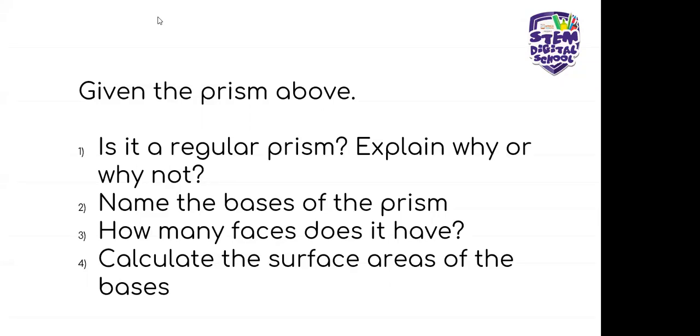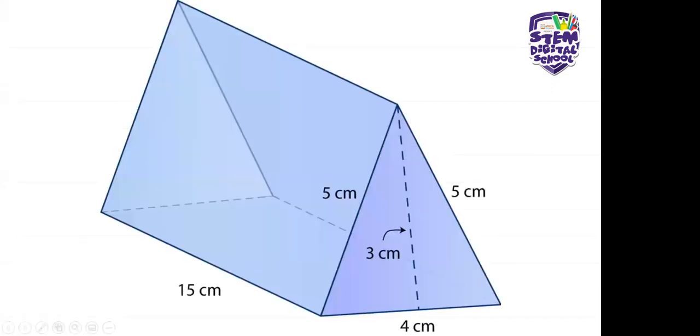And of course, we must also check how many faces there are as far as this particular prism is concerned. So I hope that I've clarified the bases of the prism for you. If you look at this particular prism, the manner in which it is situated, one can assume that the base is a rectangle.